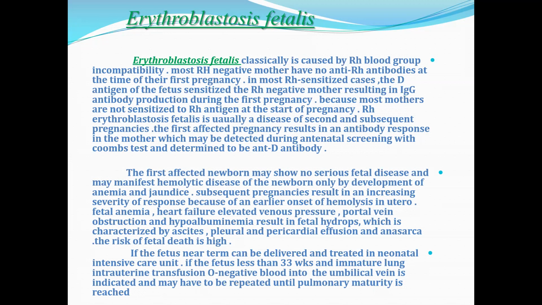Severe hemolysis results in fetal anemia, heart failure, elevated venous pressure, portal vein obstruction, and hypoalbuminemia, resulting in fetal hydrops. Fetal hydrops is characterized by ascites, pleural effusion, pericardial effusion, and anasarca. Of course, the risk of fetal death is so high.